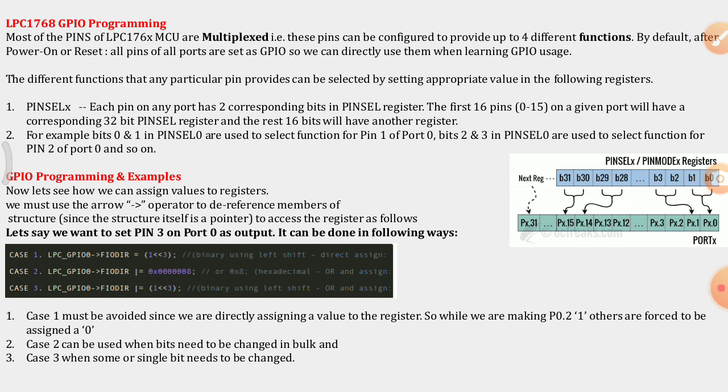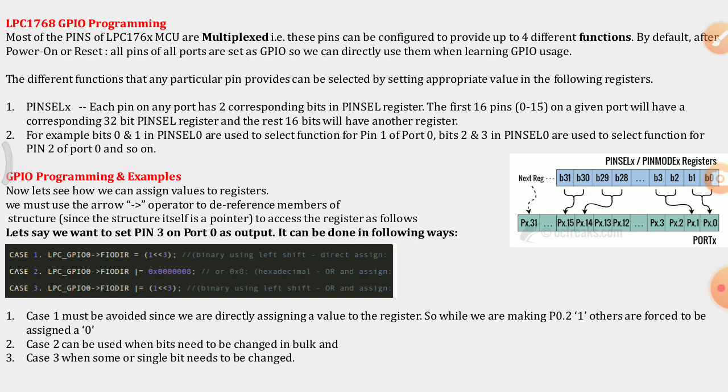So one pin has 2 bits in the pin select register. The first 16 pins, 0 to 15, on a given port will have one corresponding 32-bit pin select register, and the remaining 16 pins will have another pin select register.